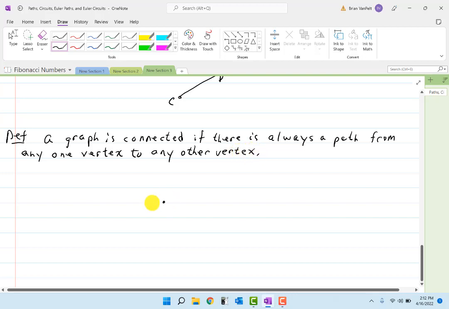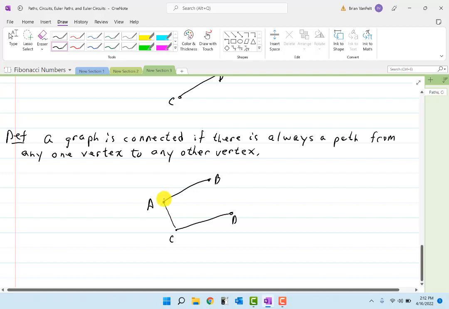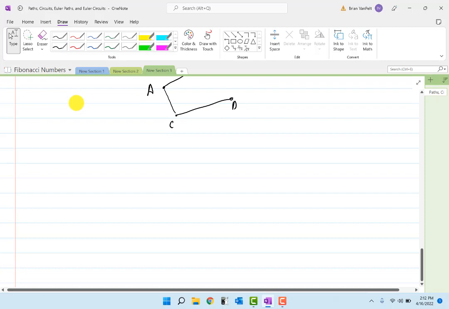So if I took the last graph, A, B, I know it's extraordinarily simple, C, D, we could make it connected if I just simply drew an edge to something like that, for example. Any edge, any extra edge that I draw probably is going to make it a connected graph, unless I did something like A to B twice or something like that. But what I have put in there is something called a bridge.